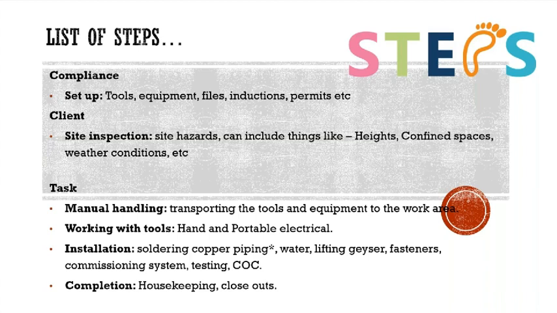Then we need to commission the actual system to check whether there are any leaks or any issues with the installation. We then test the actual geyser, and then there's COCs. COCs could be for the actual geyser installation, or perhaps it could even be for the electrical side. If you are a plumber that's doing the electrical as well, well, then there's a whole lot of additional hazards that also come into play.